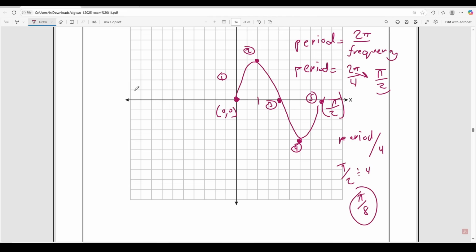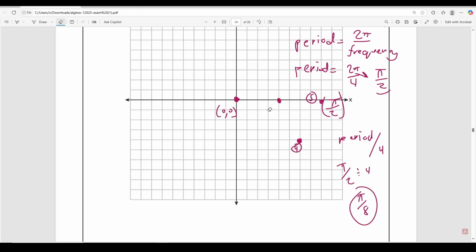So pi over 8 is what you're going to increase by for these 5 points. You know that your first point is at 0, 0. That means that your second point has to be pi over 8 away from 0, 0, which is just pi over 8. Then your third point has to be the same unit away from here. So if this was pi over 8, from here has to be another pi over 8. Pi over 8 plus pi over 8 is equal to pi over 4.